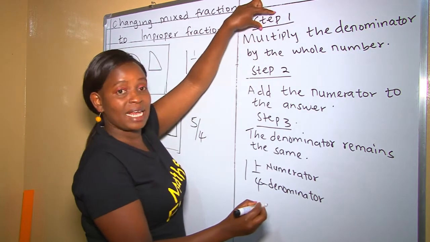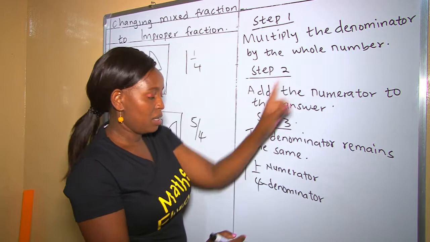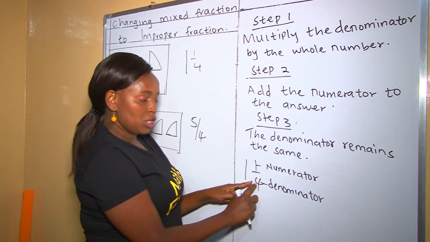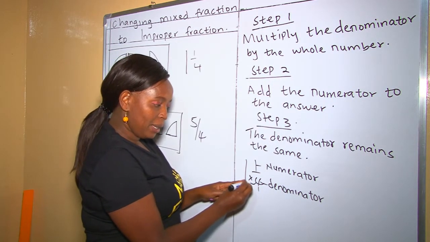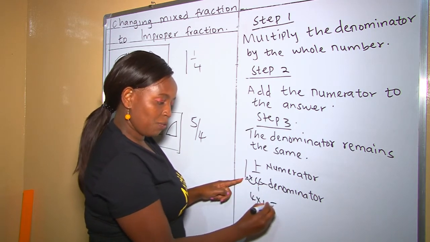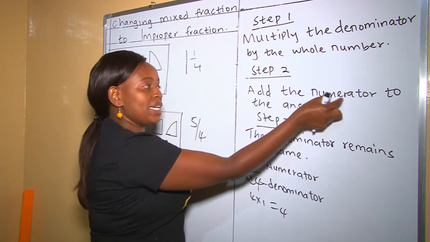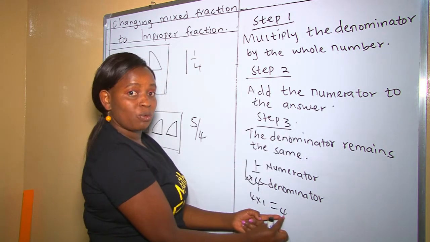Therefore, step 1 says multiply the denominator by the whole number. Our denominator is 4. So 4 multiplied by 1. 4 times 1 is 4. Then step 2 says add the numerator to the answer. Our answer is 4.